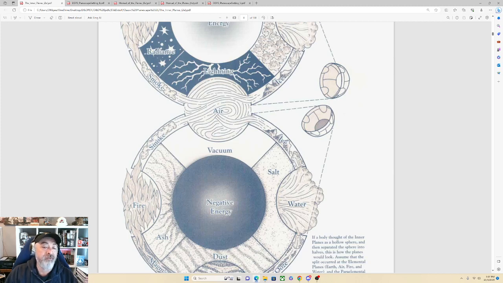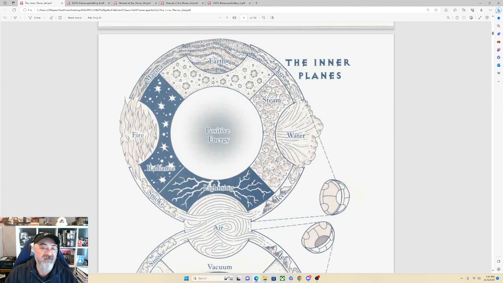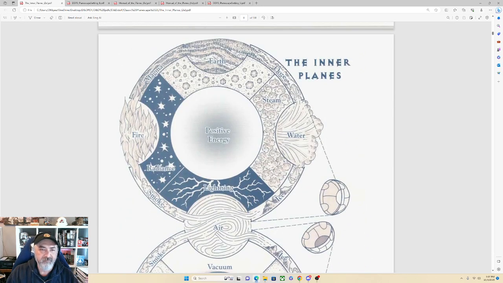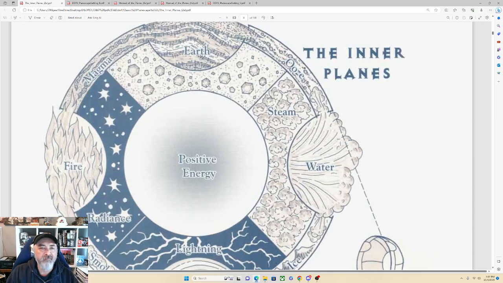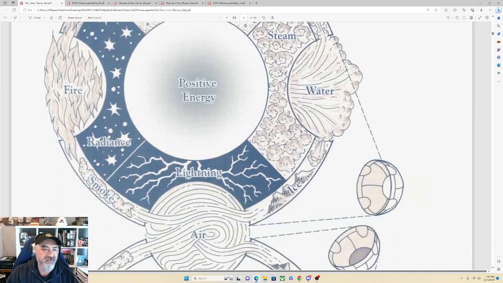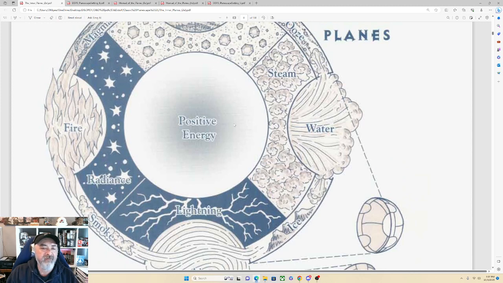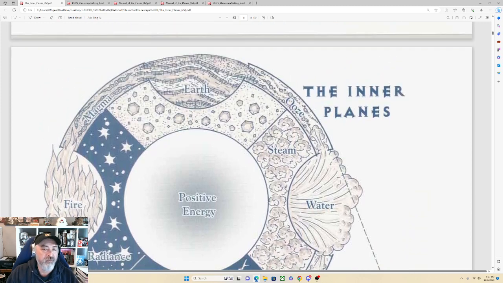Quasi-elemental is the border between the negative or positive and said prime elemental, okay? Earth plus positive gives you gems. Mineral, the plane of mineral, okay? I don't know why they didn't put that there, but yeah, you have radiance between fire and positive, lightning between air and that, steam between water and positive, and mineral between earth.